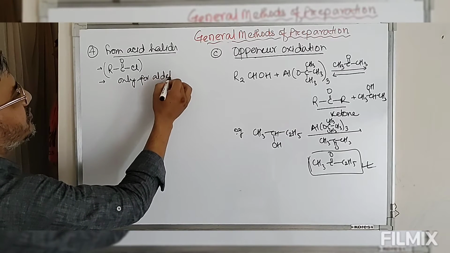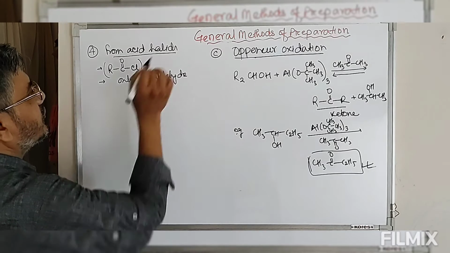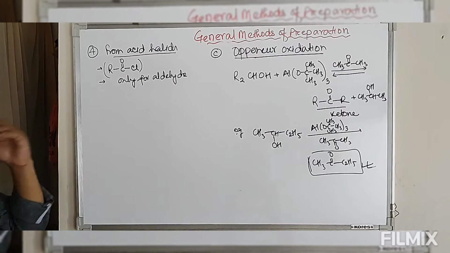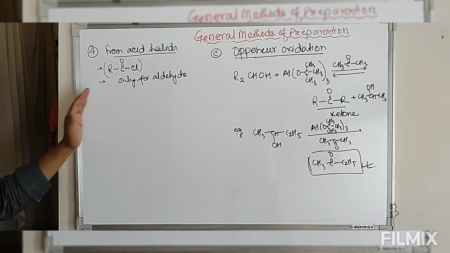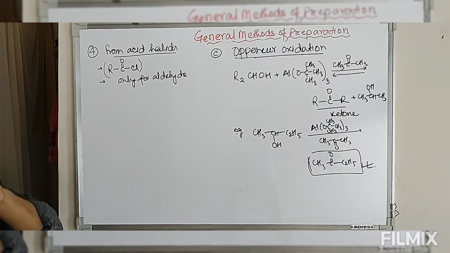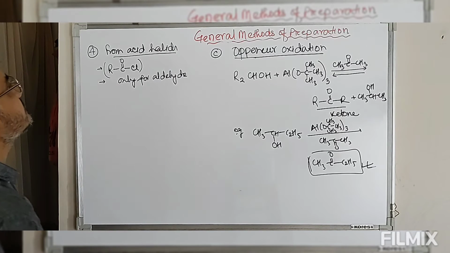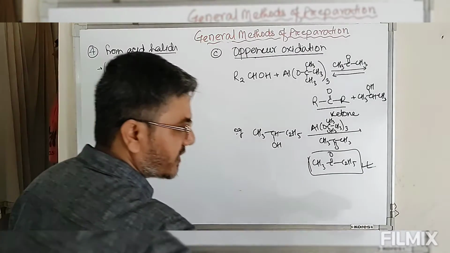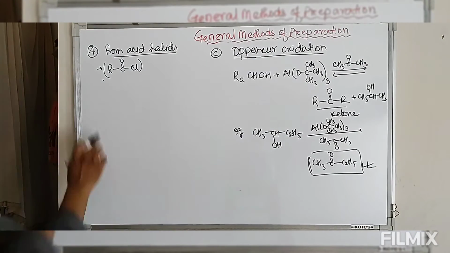Only aldehydes can be prepared from acid halides. Ketones cannot be prepared by this. We can also prepare ketone from acid halides, but that is something different. Generally, this is used for preparation of aldehydes. So this is acid halide.